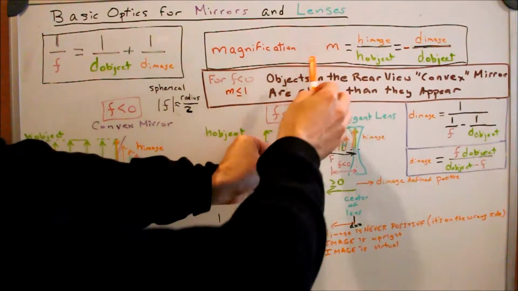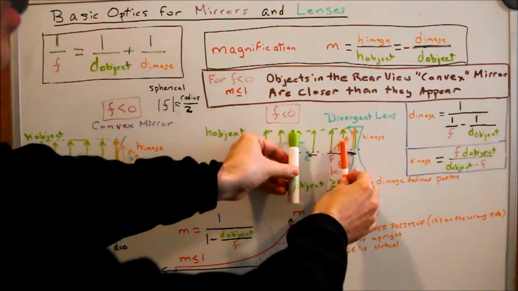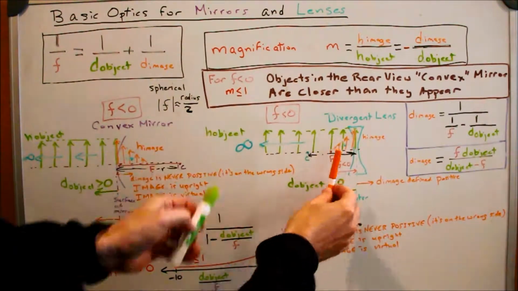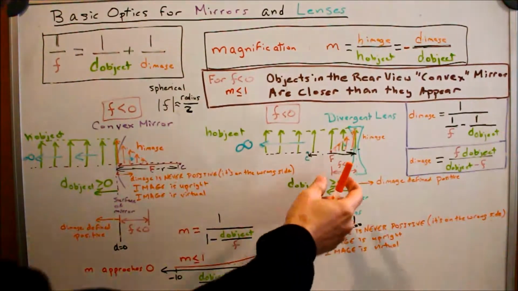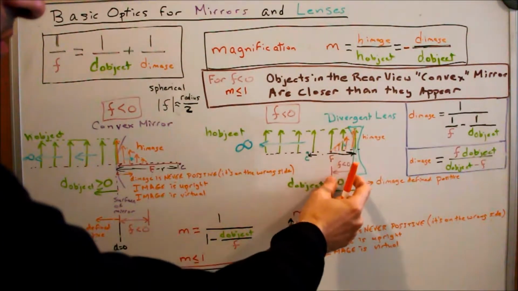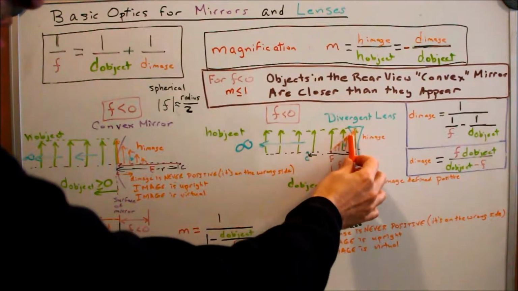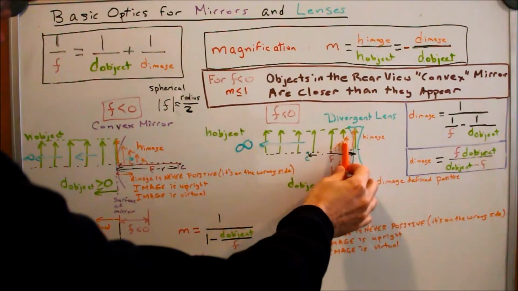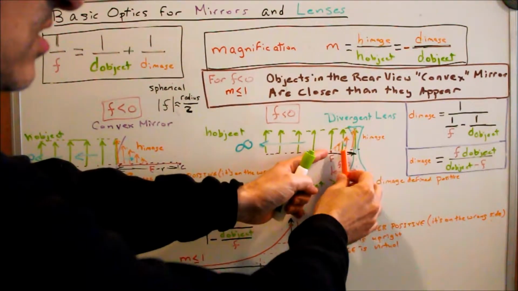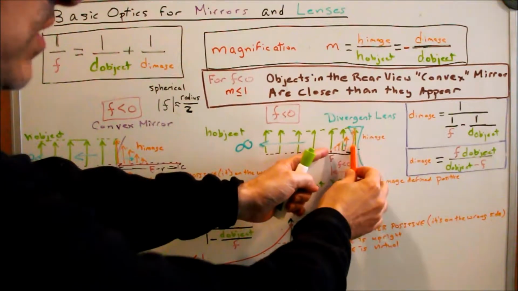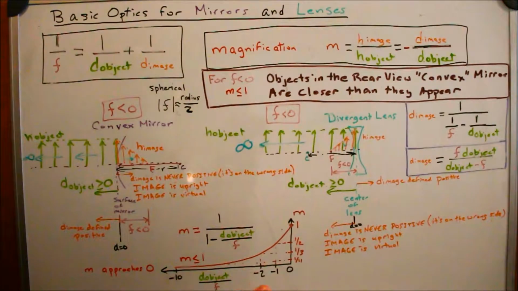So the magnification drops from 1 and approaches 0, and it gets to 0 when my object is at infinity. Therefore I know my image distance is always minus, and it always has a value between 0 and this minus focal length. If my image is appearing halfway between those two, then I know my height is half the height, because it has a linear relationship.